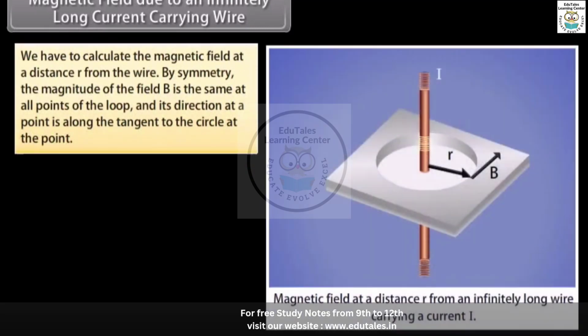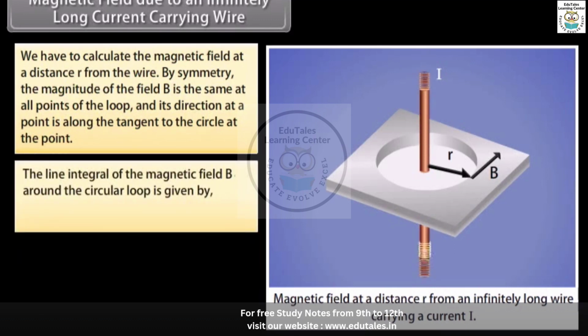Magnetic field due to an infinitely long current-carrying wire. We have to calculate the magnetic field at a distance r from the wire. By symmetry, the magnitude of the field B is the same at all points of the loop, and its direction at a point is along the tangent to the circle at that point.